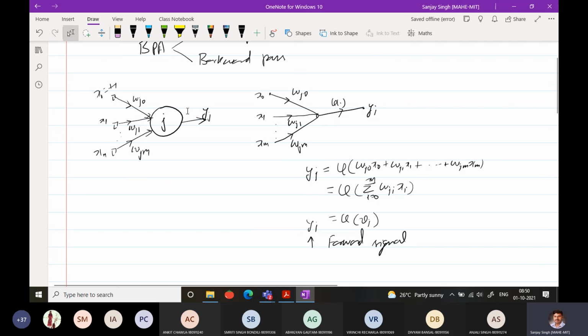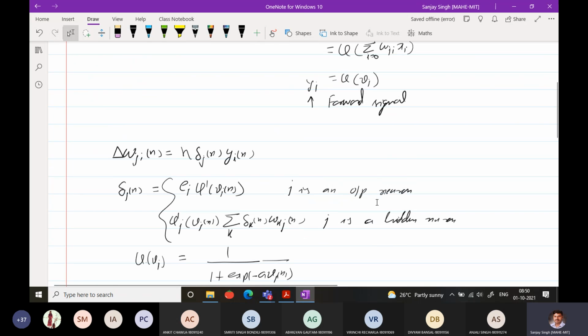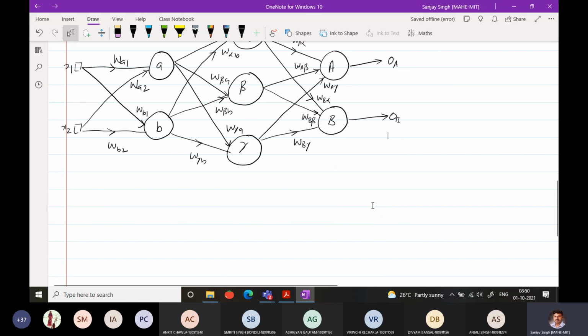You know that when something comes like this, how do you calculate yj? Yj is something like this. With this process followed, I have effectively 7 neurons, so let's say I have already calculated YA, YB, Y alpha, Y beta, Y gamma, OA, OB.